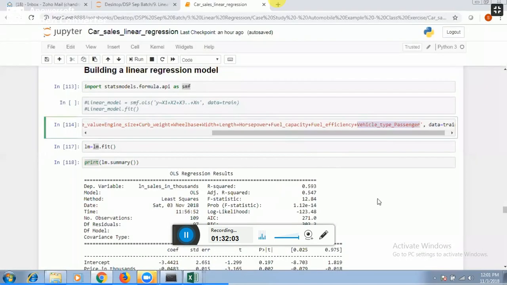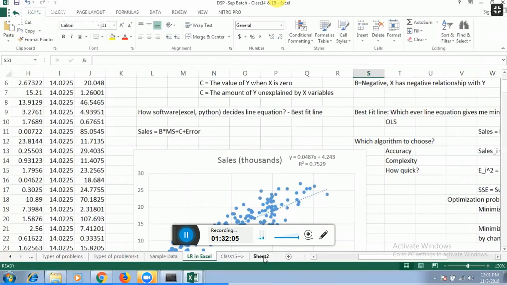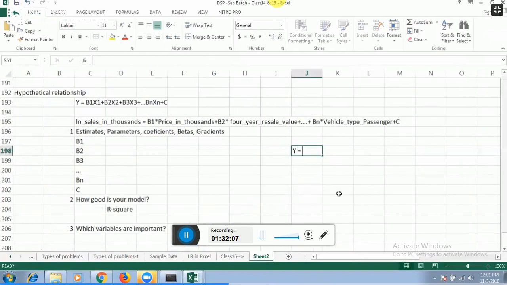The equation we got is y equal to 0.048 times marketing spend plus constant. The constant is 4.3 or something, for the time being. And y is the sales in thousands, correct? So this is what you got.